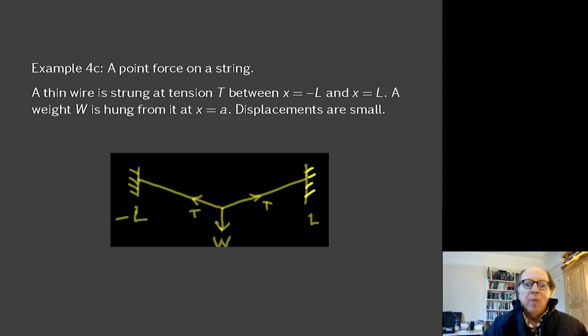and it's a simple matter then to say that to find the displacement you simply join up straight bits of wire here with a force balance at the weight, which says that the component of the tension in the vertical direction is equal to the weight.